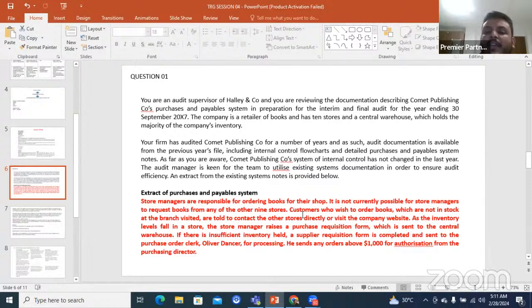I want to see the way that you are writing answers. It's always closer to the exam, so I want to see the quality of your answer. Definitely, I will give comments on whether your answer is in line with expectations or you need to improve. So please type your answers. I'll give 5 minutes. Don't try to write a lot. Take only one problem: at least one deficiency, one recommendation, and one test of control. Do it.